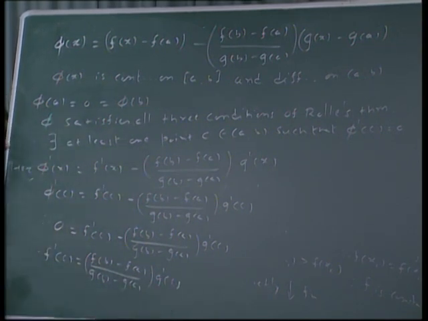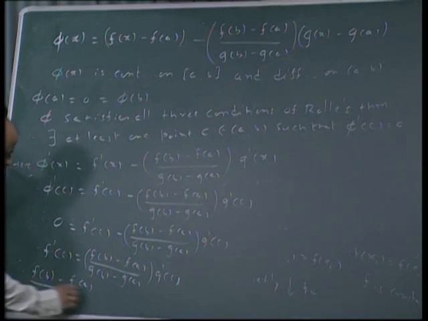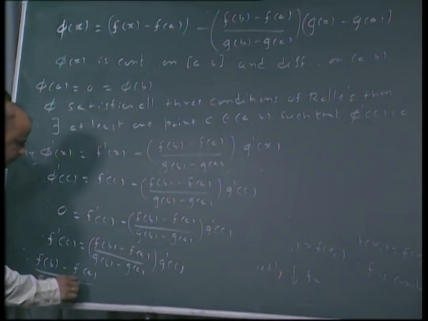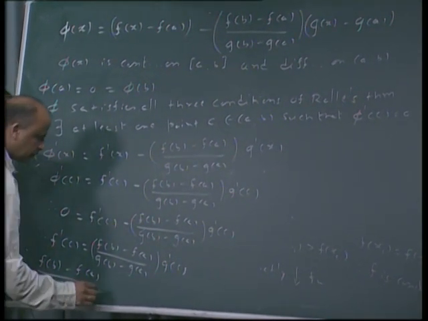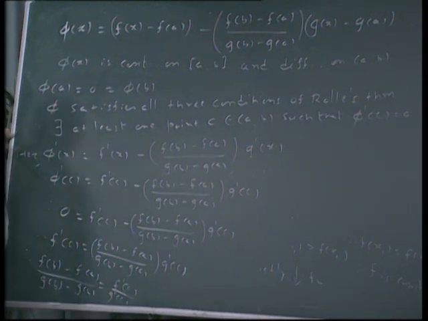So, finally, what we find is (f(b) minus f(a)) upon (g(b) minus g(a)) equals f'(c) upon g'(c), and this is the conclusion of the Cauchy's mean value theorem.